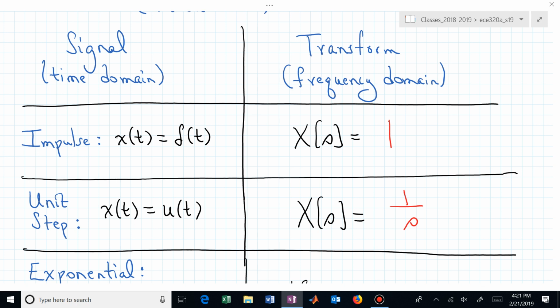What determines the pole's location? We evaluate the denominator and we see which values of s cause that denominator to vanish. In this case, you set s, which is the denominator, equal to 0. What s causes that to happen? 0. The pole is at the origin for a unit step.